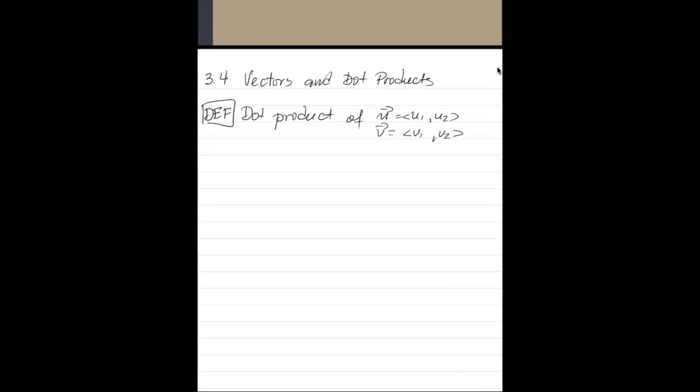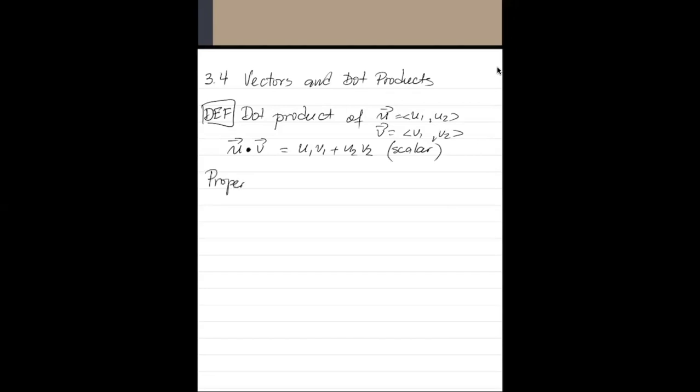The dot product we indicate with a dot to distinguish it from the scalar product we did earlier, and that is a number which you get by multiplying the components: u1 v1 plus u2 v2. So this product is a scalar, or a number, not a vector.